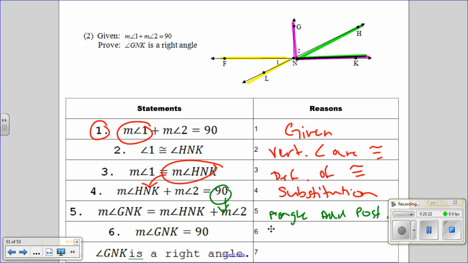So since I'm replacing, again, I'm using substitution. And then the last statement says angle GK is a right angle, and that's the definition of a right angle. I do apologize for the length of these notes, but it's a lot of explanations that with practice, it'll get better, I promise. However, this concludes your notes for the day.